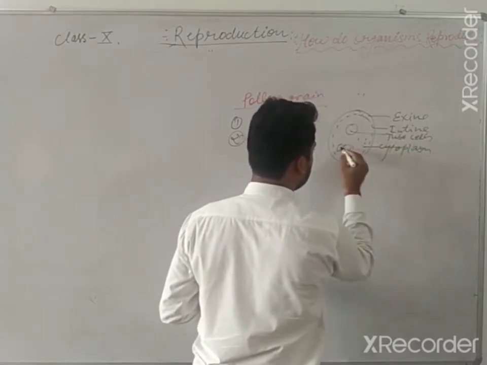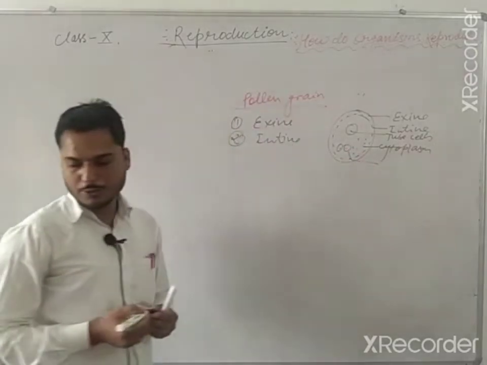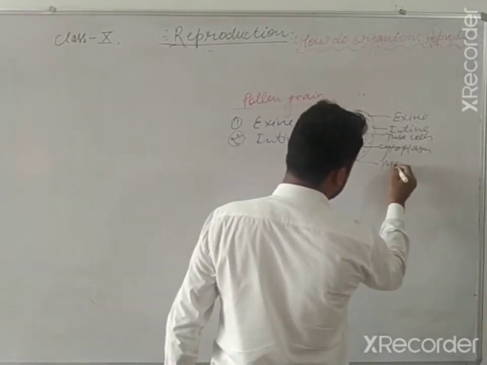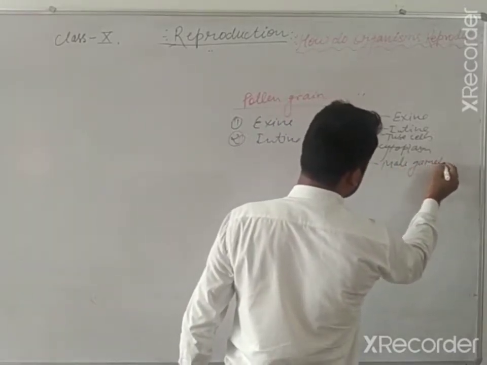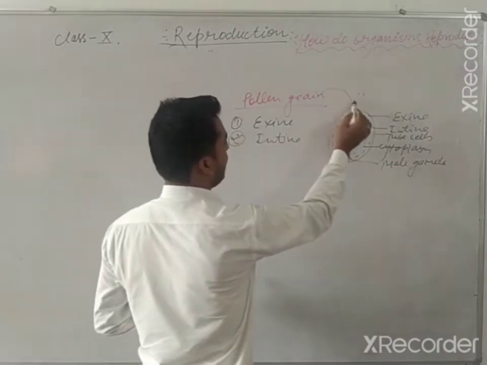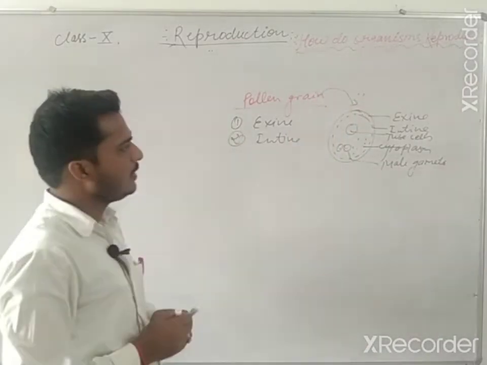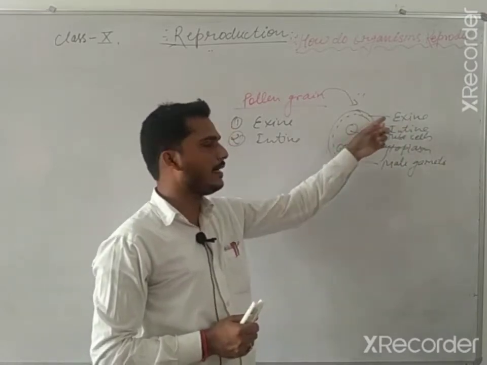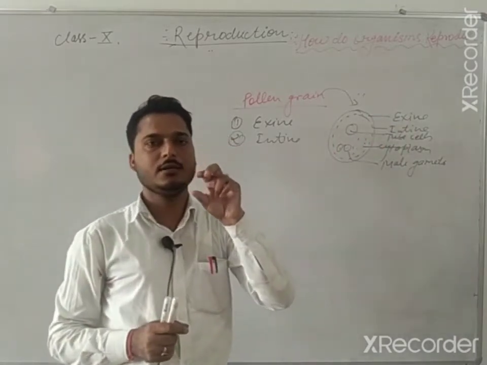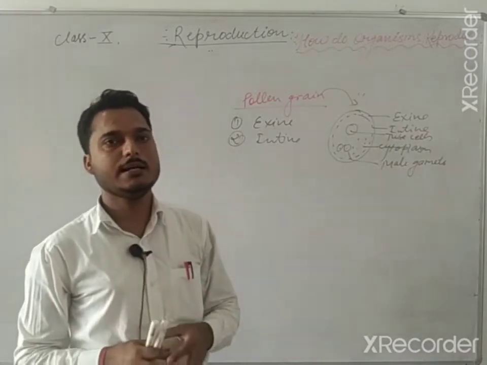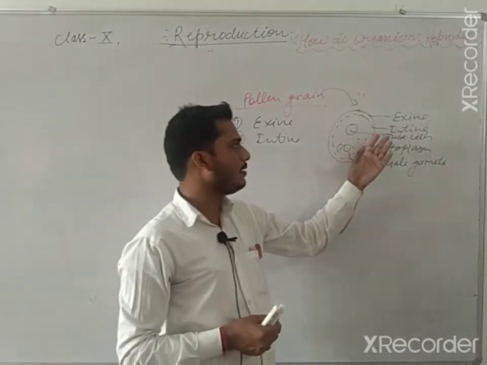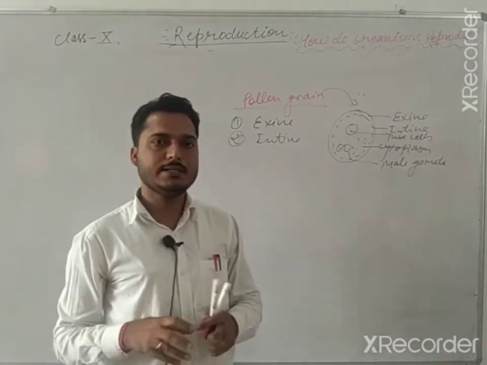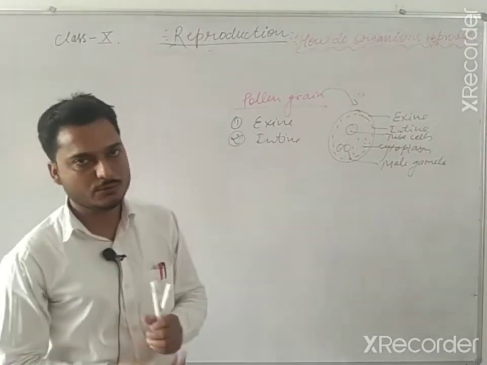This is your male gamete. Exine consists of spine-like structures which protect from animals or insects, and intine is the covering which ruptures when the pollen grain is matured, and then the pollen grains come outside.